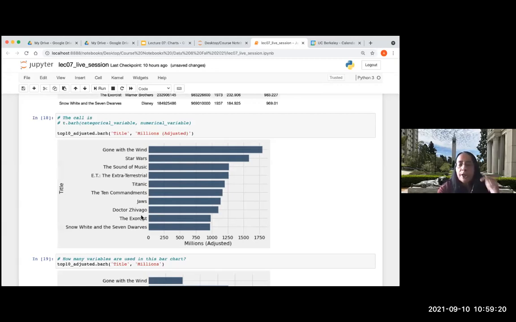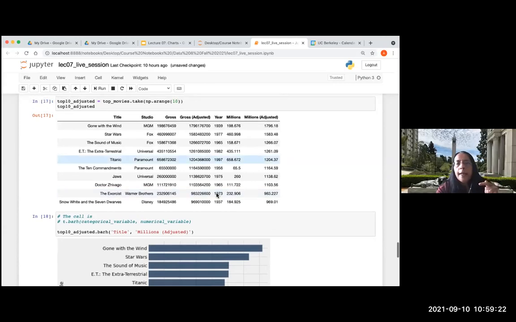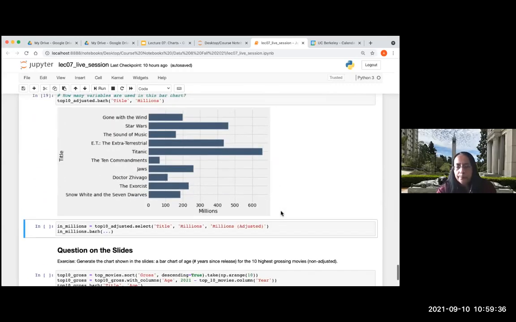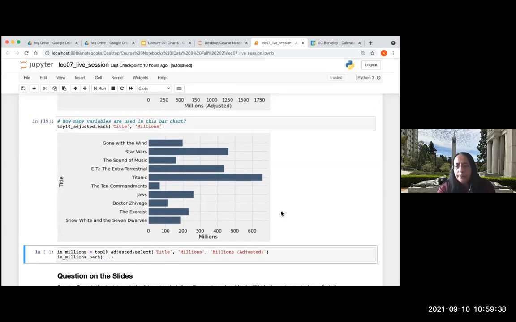Sorted by millions adjusted. It was sorted by this column, but what we're plotting is this column. So we have the title column sorted by the millions adjusted column, and we are plotting the millions column. So there are actually 3 variables involved in this. The adjustment was measuring all dollars in all the different years in 2016 dollars, adjusting for inflation.